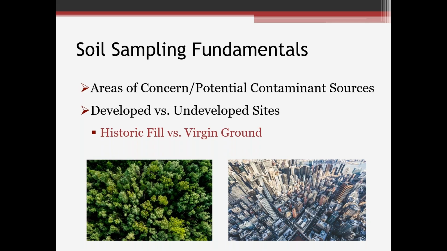You suspect things that may or may not ever have occurred, or just the development in general. If it was an industrial site, commercial site, or residential, that will help guide the sampling program as far as what might be the areas of concern, how much sampling you should do, and the analysis that you might want to do with that.